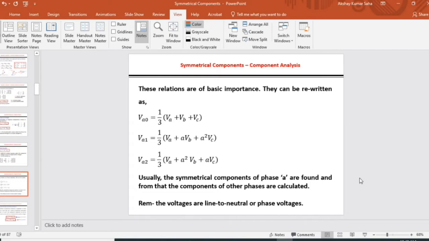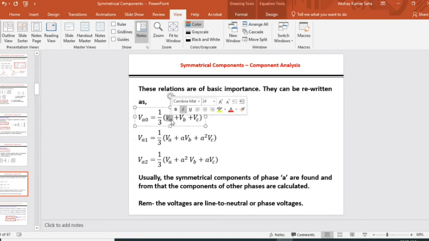If we are using positive sequence and the system is balanced for the voltages VA, VB, VC, then VA0 will be equal to 0, VA2 will be equal to 0, only VA1 will be present, and VA1 will be equal to VA, because it's a balanced system. That's why we did not need to worry about VA2 and VA0.